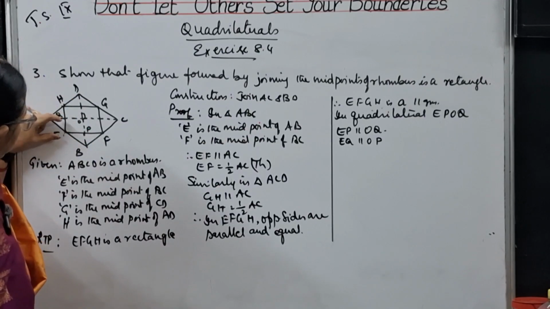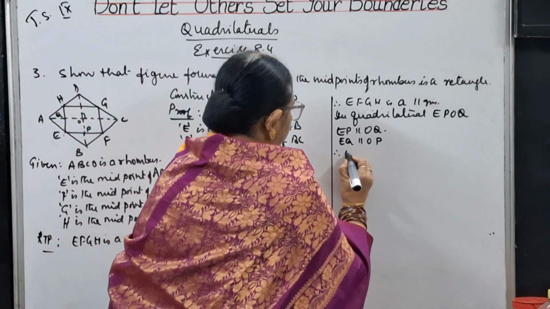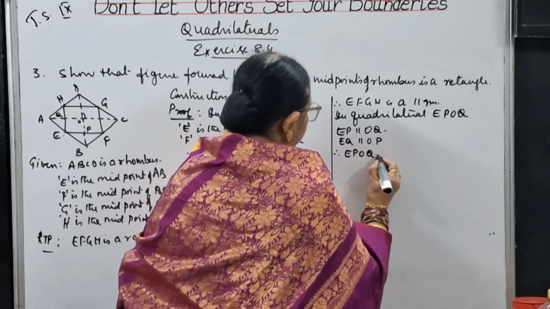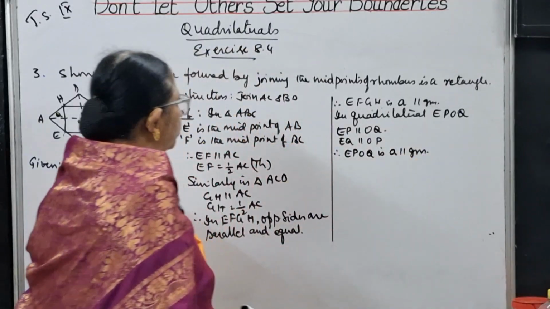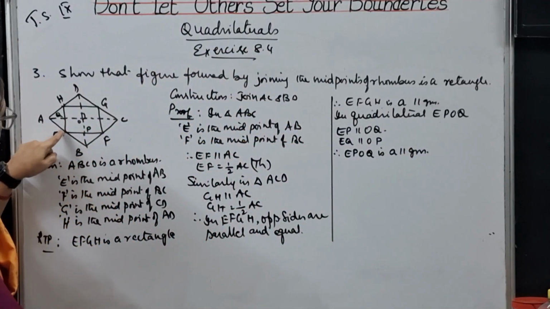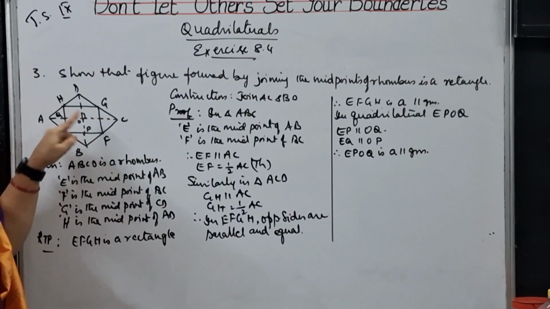So EQ is parallel to OP. Therefore, EPOQ is a parallelogram.